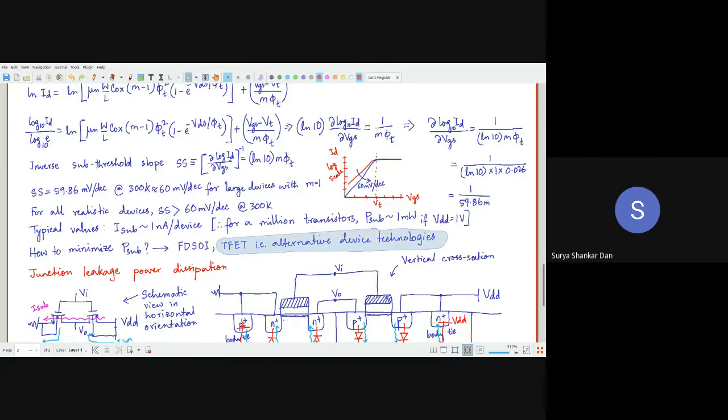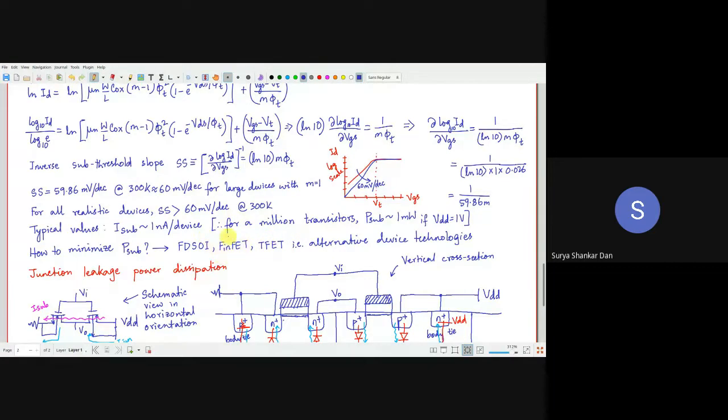So FDSOI is the ruling technology right now. Okay. TFET will probably come in the next 10-15 years, but as of now it is only FinFETs. Okay, FDSOI, FinFET. TFET is what we are doing research in our research group.